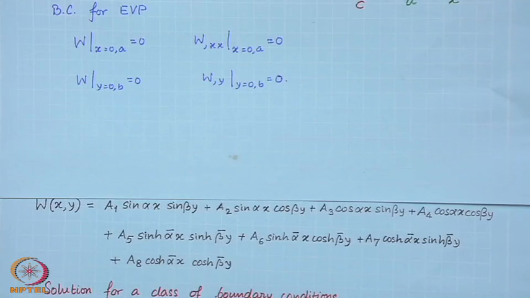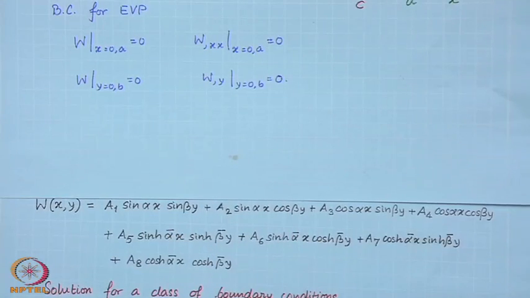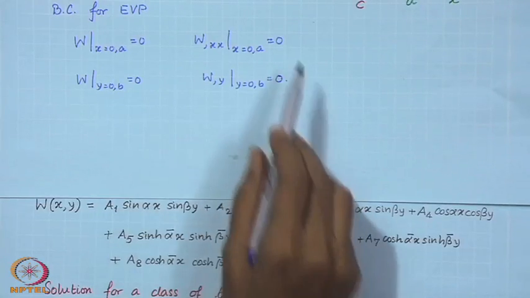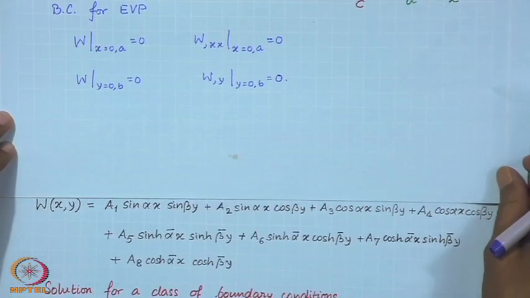So, if you now use these boundary conditions for this solution, then you will find that this solution cannot satisfy this set of boundary conditions. That can be checked.